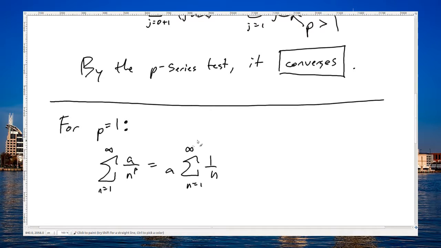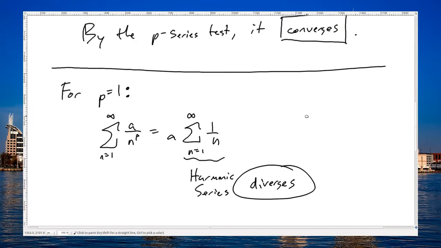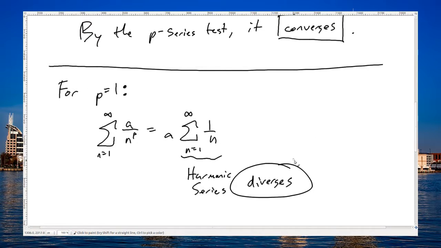This is that very special series called the Harmonic Series. And we should know that the Harmonic Series diverges. It's probably the most famous example of a divergent series. It diverges, but that matches, because the p-series test says that if p is greater than or equal to 1, then it should diverge anyway. So that's just another way of thinking of the p equals 1 case.